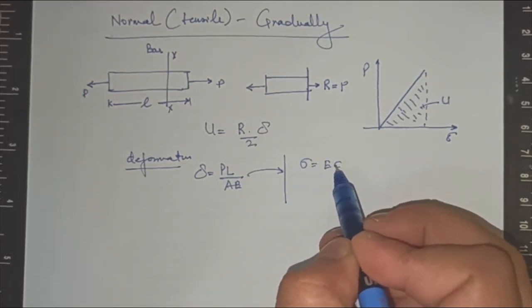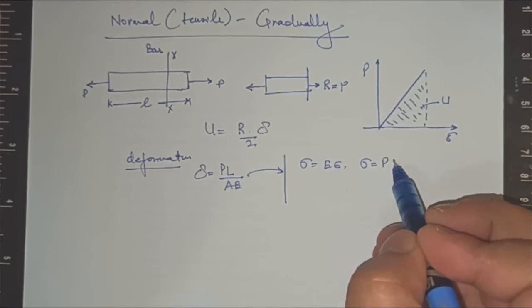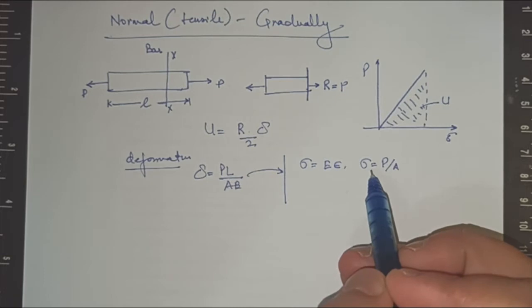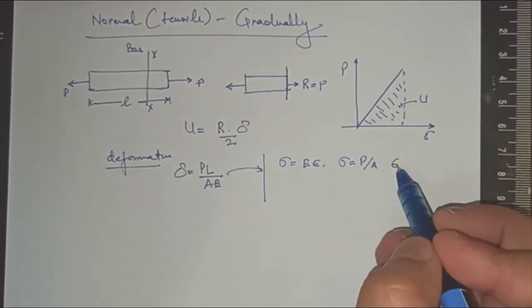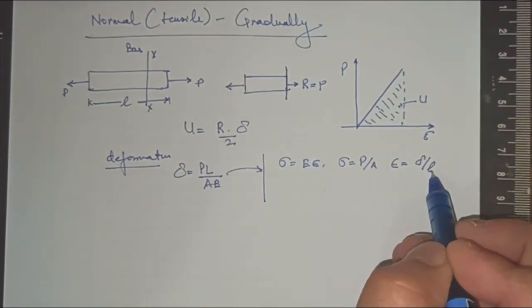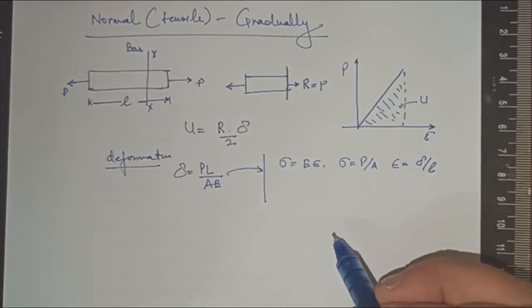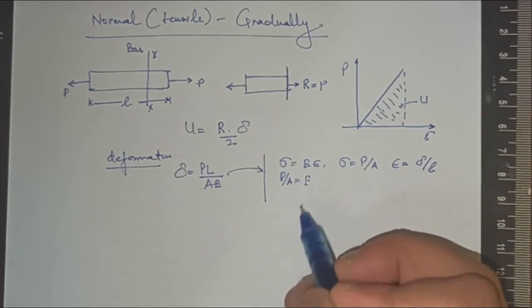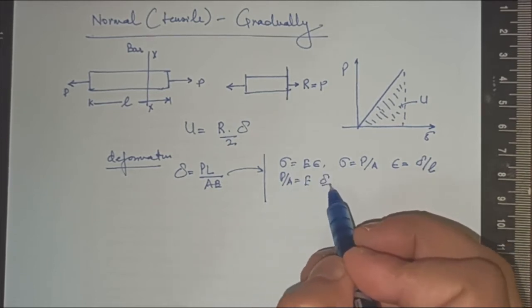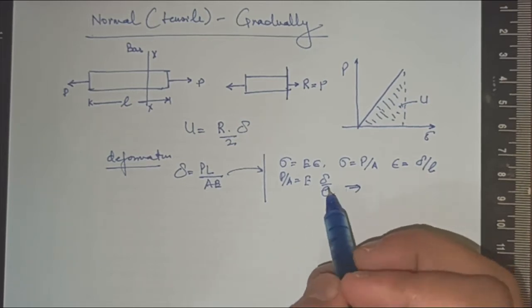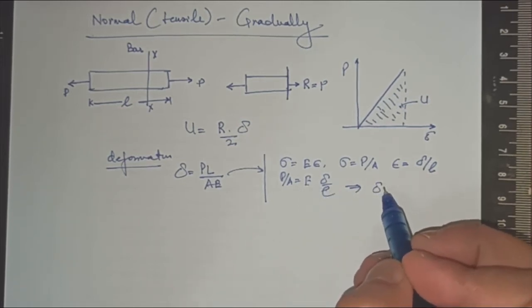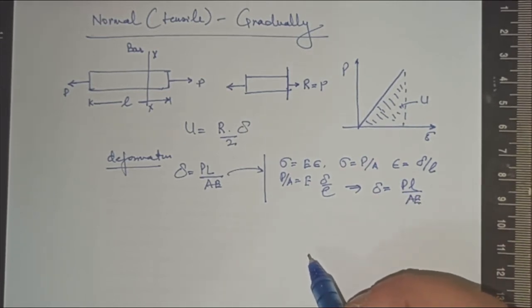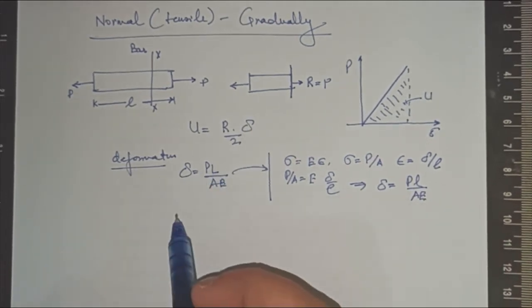Sigma equals E epsilon by Hooke's law, and it also equals P by A. And strain is equal to delta by L. So you can write the values here: P by A equals E times delta by L, and calculating in terms of delta, this will be equal to PL upon AE. So your deformation is PL upon AE.